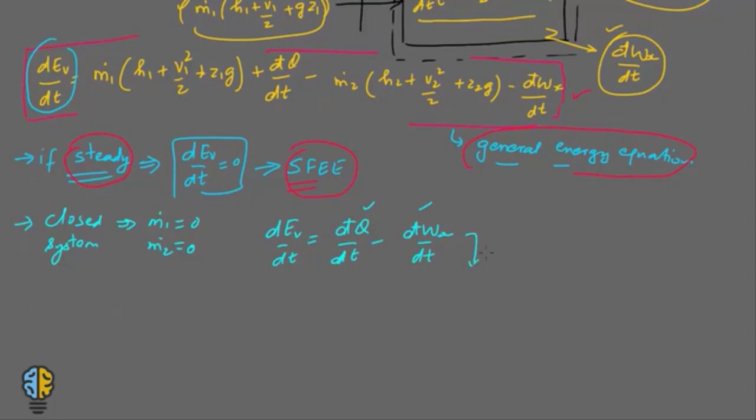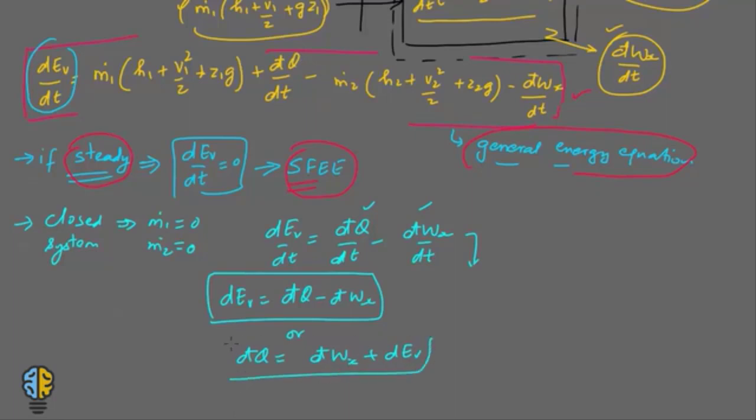Now this can be further written as dEV is equal to d dash q minus d dash wx. This is nothing but your first law of thermodynamics, or d dash q is equal to d dash wx plus dEV.